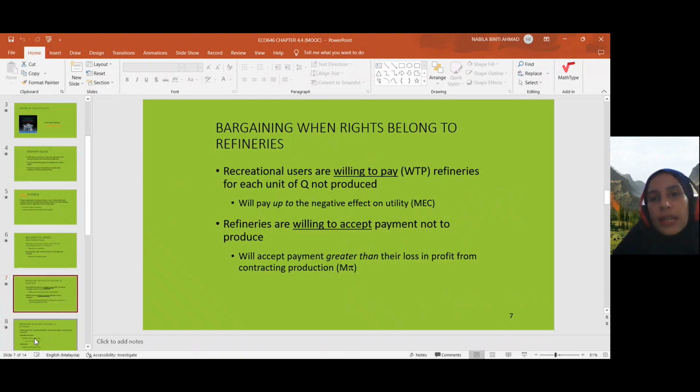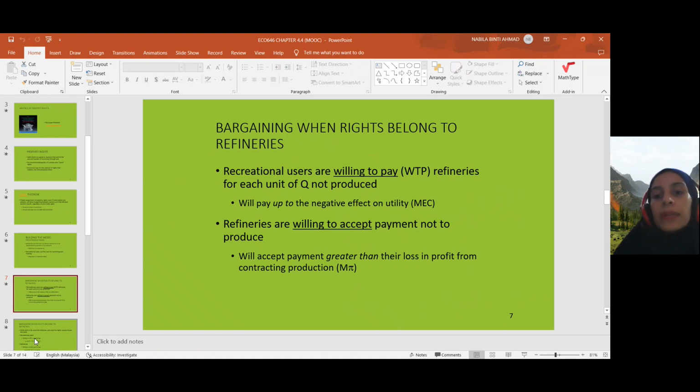Okay, bargaining will happen when the rights belong to the refineries. So let's say the right belongs to the company. Recreational users are willing to pay refineries for each unit of quantity not produced. They will pay up to the negative effect on utility, the marginal external cost. And refineries are willing to accept payment not to produce.